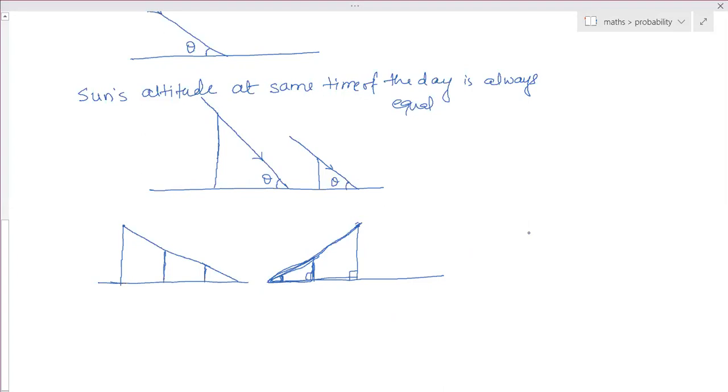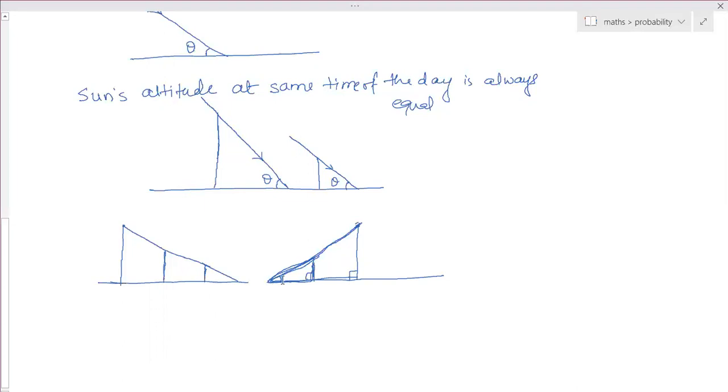Ma'am, will you explain this part again? I didn't understand clearly. The light ray is coming from the top of the lamppost. When it comes down through the height of a person, the shadow is formed. In between, the light ray won't reach. Then it will reach at this position.